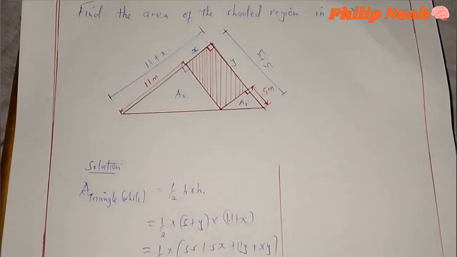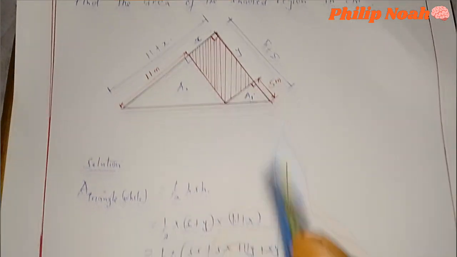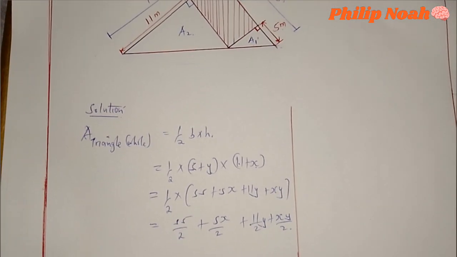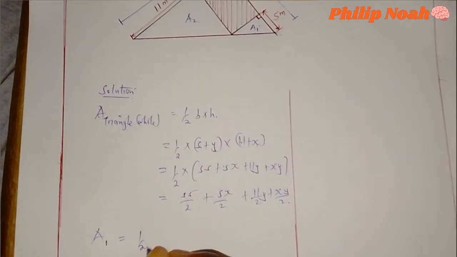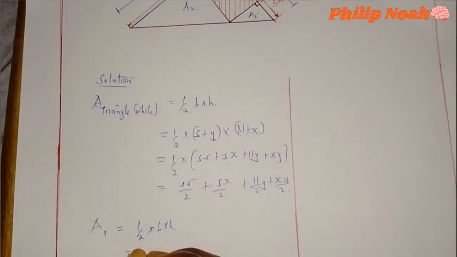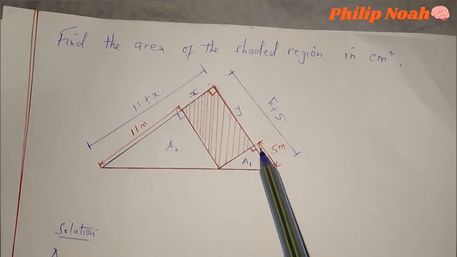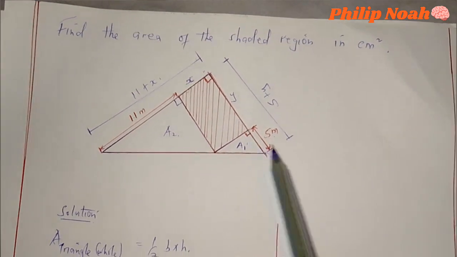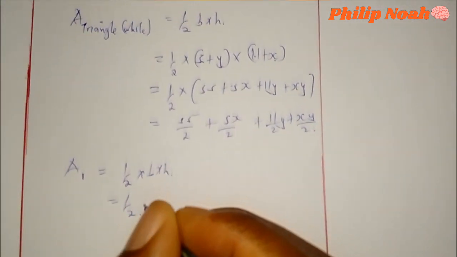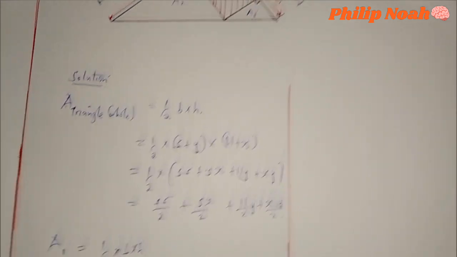So what's the area 1? Area 1 will be a half times base times height. Our base, in this case, we shall take 5. From this point to this point is 5. So our base is 5 times height.